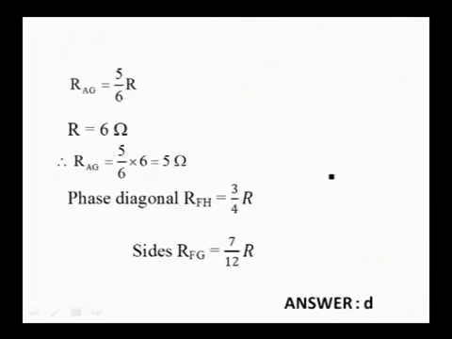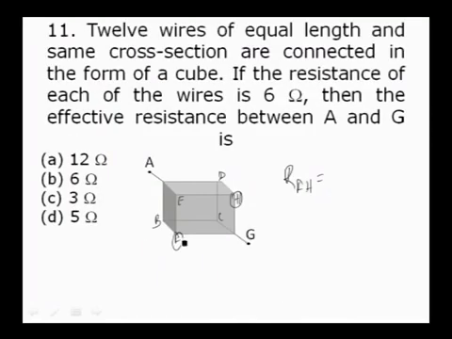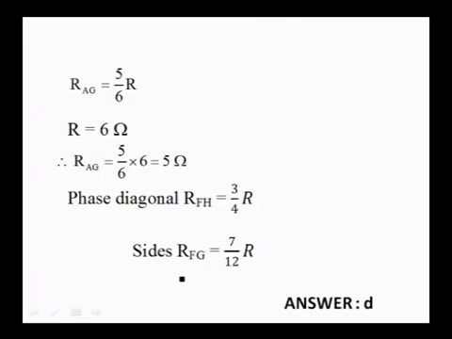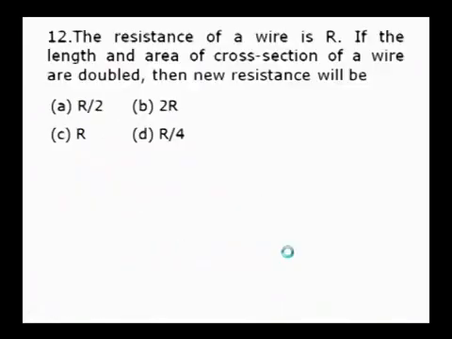For that, resistance is equal to 3 by 4 R, where R is the resistance value. Similarly, if you want to calculate the resistance for the side, this is the side, that is R_FG, we have an effective resistance of 7 by 12 R. You can also use this concept for other problems.